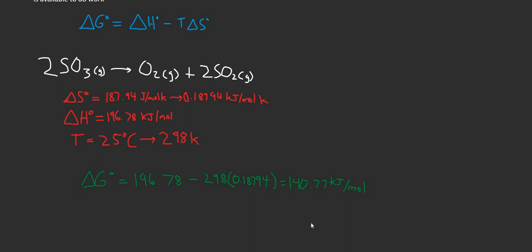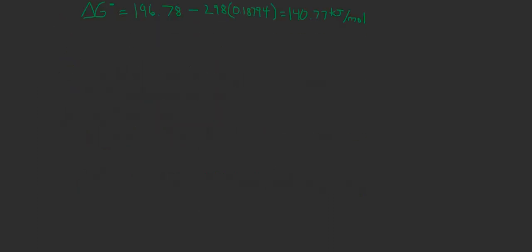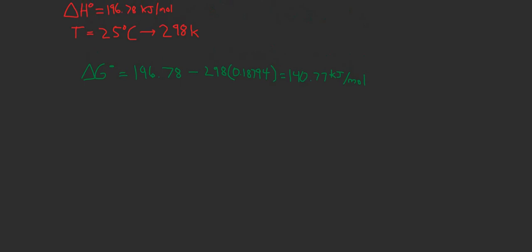So how do we judge this? You'll notice that our delta G that we calculated for this reaction is positive. If you have a delta G greater than 0, we're looking at a non-spontaneous reaction. So I will write those relationships below.